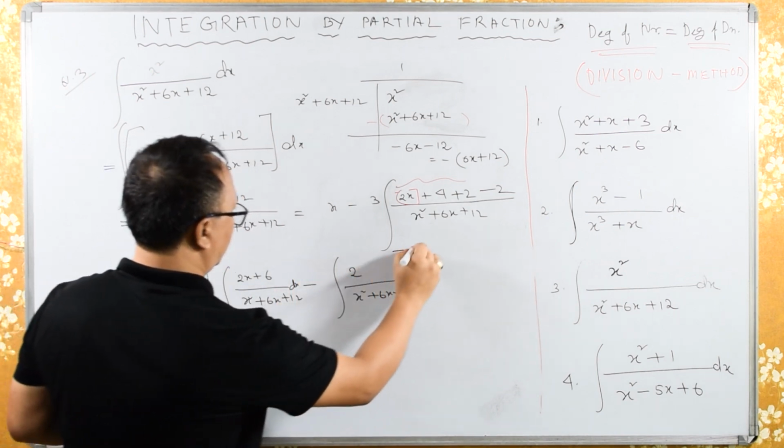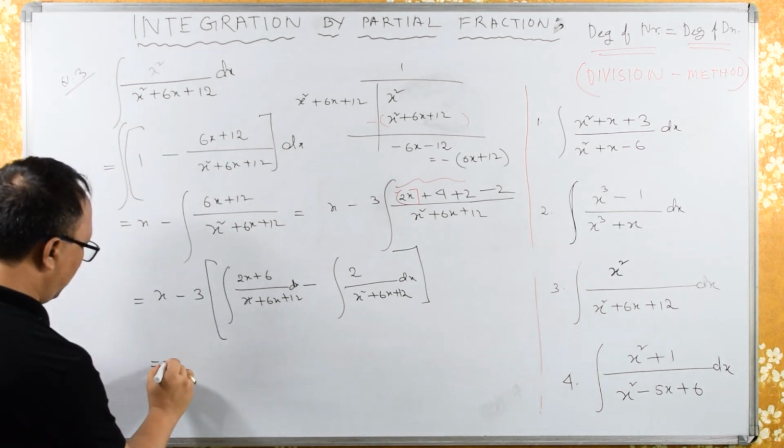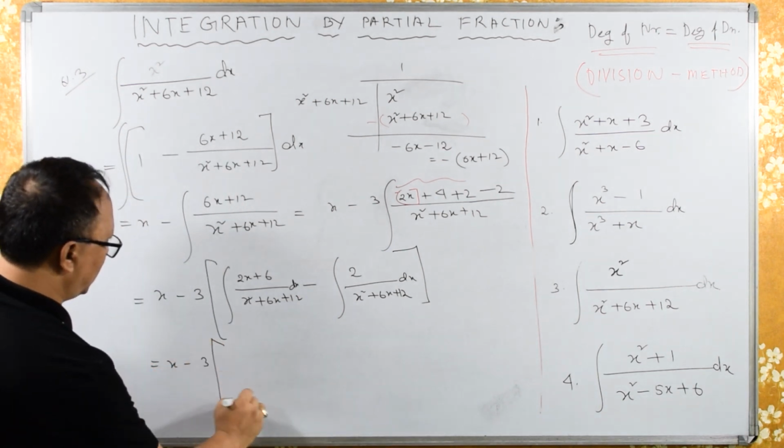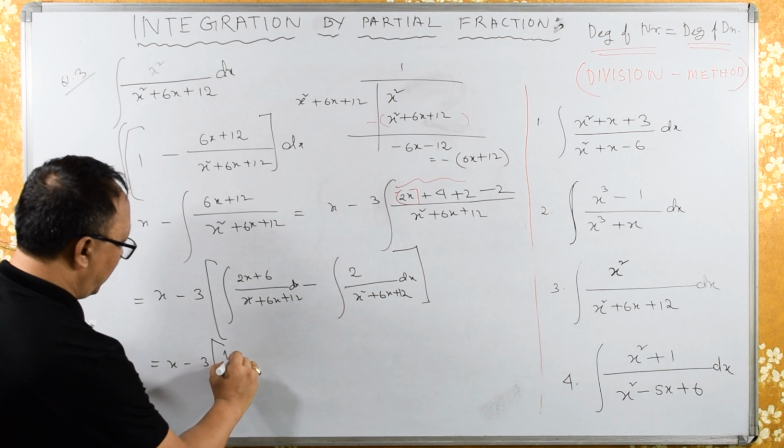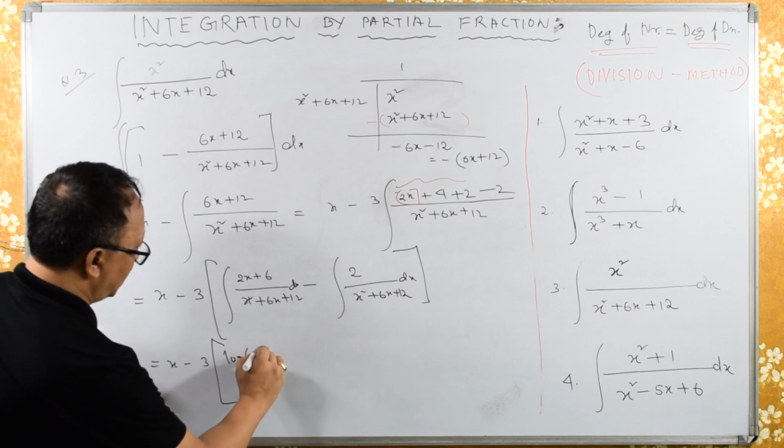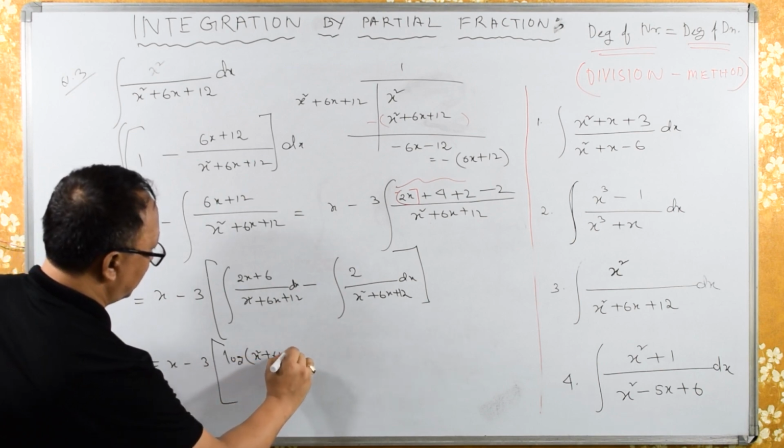Now x minus 3, so the integration of this is log of x square plus 6x plus 12.